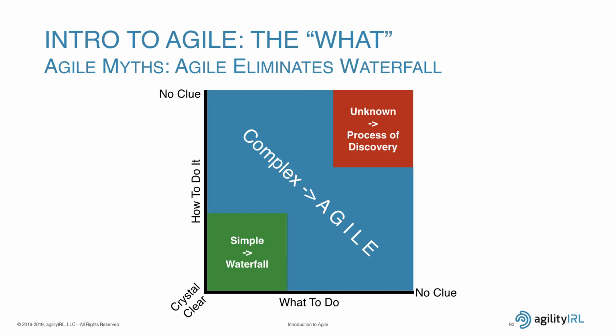Simple problems, don't bother with Agile. You're trying to move your email from one server to another. You're trying to move your data center from one building to another. You know what to do. You know how to do it. Just go do it. If it's so large that you need a formal project plan, fine. If you can do it from a spiral notebook in your shirt pocket, fine.